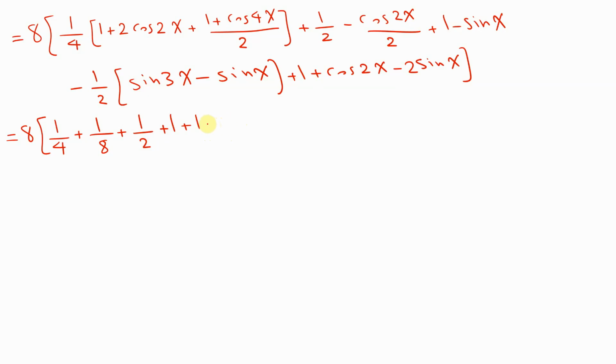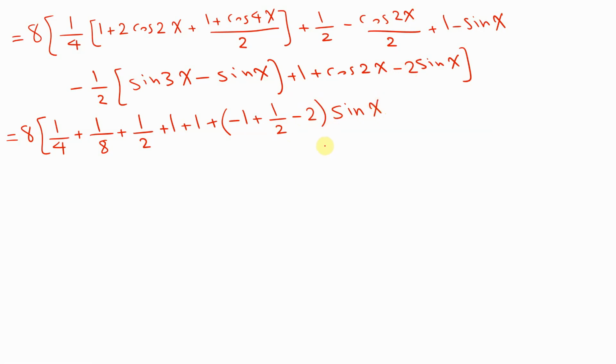How about sinusoid of x, plus all the coefficients in sinusoid of x? Here we have minus 1 sinusoid of x, minus 1. This is minus 1 divided by 2 times minus 1, which is plus 1 divided by 2. And here we have minus 2. All of them times sinusoid of x.